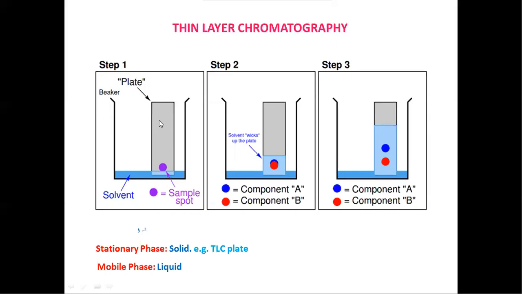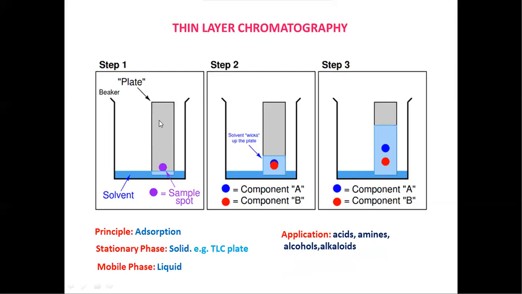That's why partition is not the principle here. Here the principle is adsorption. The sample particles will be adsorbed on the surface of the stationary phase. We can separate many samples by using this TLC, for example acids, amines, alcohols, and alkaloids.